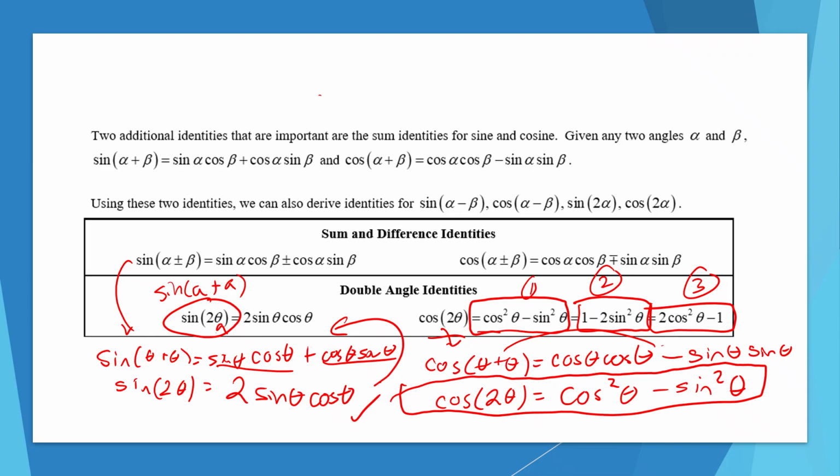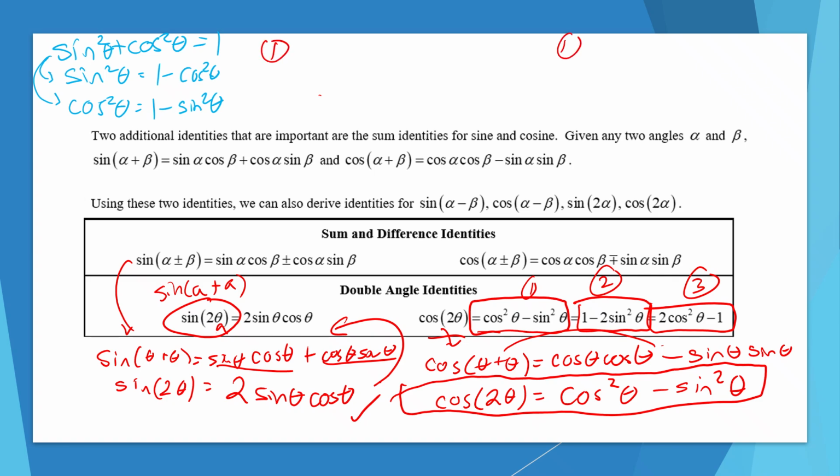So let me do that on this side here. If you have sine squared theta plus cosine squared theta equals 1, if we solve this for sine and cosine, we get sine squared theta equals 1 minus cosine squared theta, or you could solve it for cosine squared and get 1 minus sine squared theta. We're going to take equation number 1 and write it twice. So cosine squared minus sine squared.